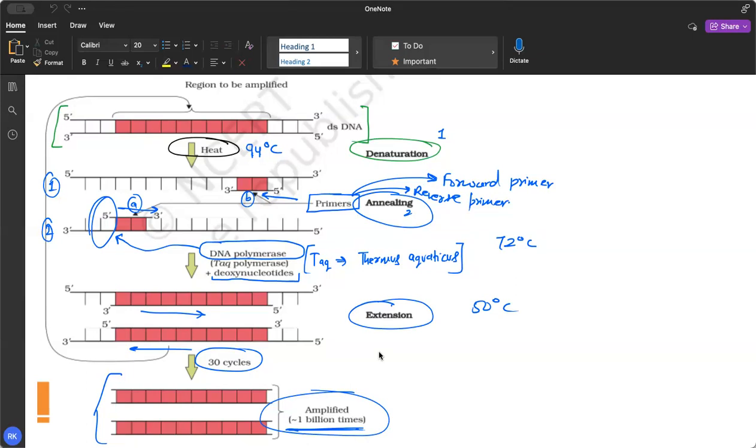We will need that before we insert our gene of interest into the plasmid, right? Before inserting into the plasmid, we would like to make multiple copies of our gene. And mostly it is done in cases where DNA extraction and gene isolation has not worked.